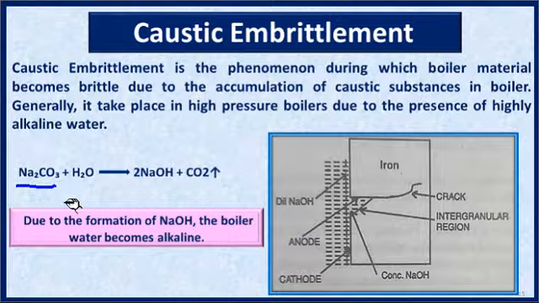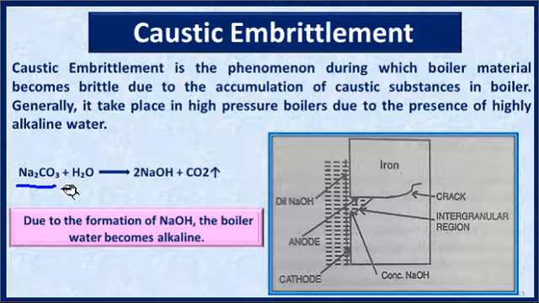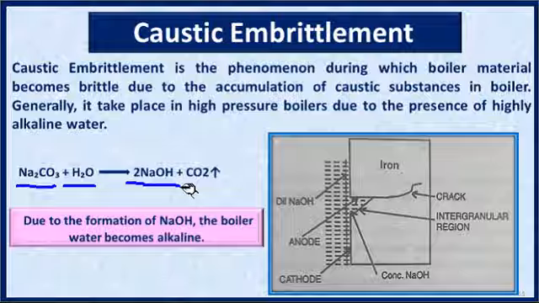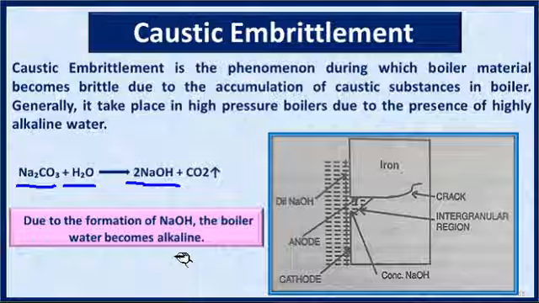So during the boiling process of water or the steam generation process, this sodium carbonate reacts with water and generates sodium hydroxide, which is an alkaline substance. So due to the formation of NaOH, the boiler water becomes alkaline. This is the main cause of caustic embrittlement.